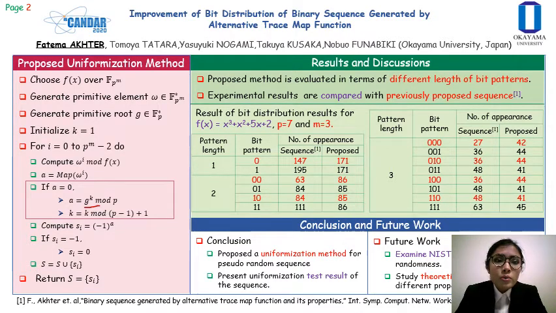So this utilization of primitive root successfully distributes the zero elements among non-zero prime field elements.